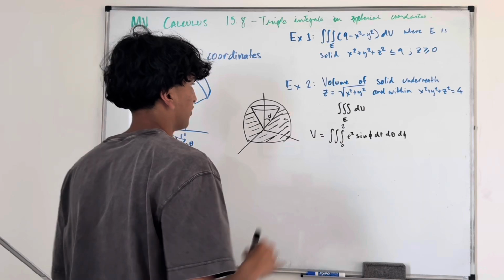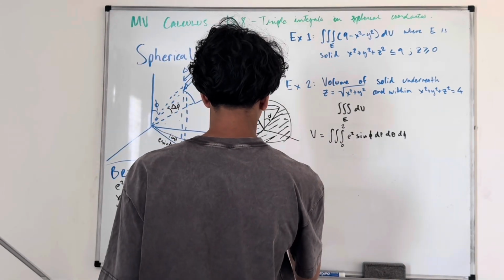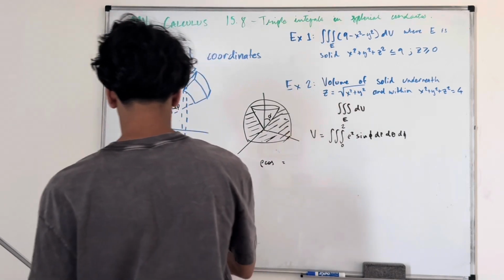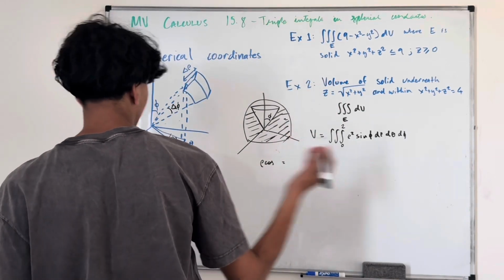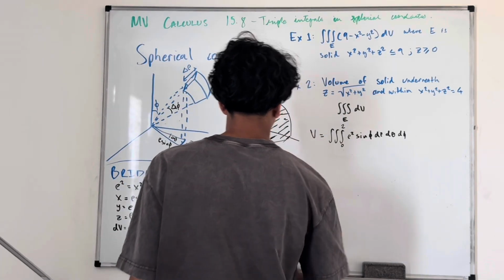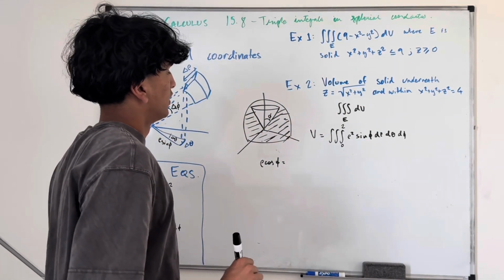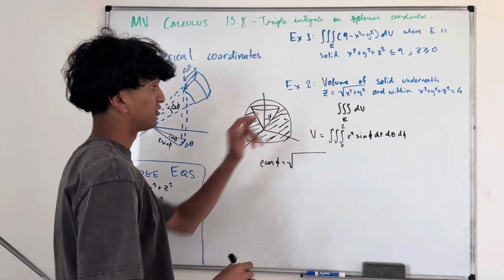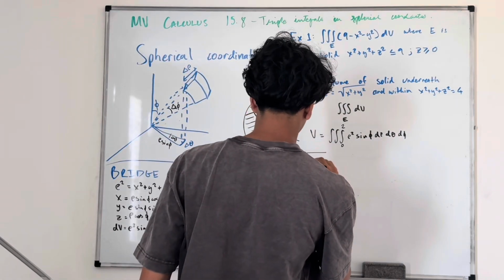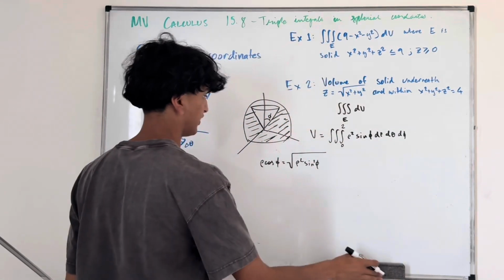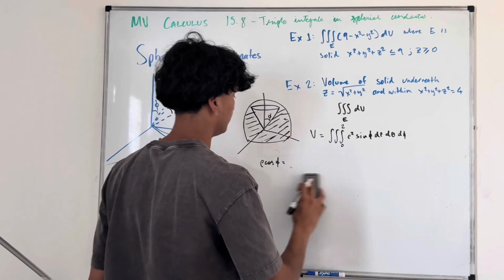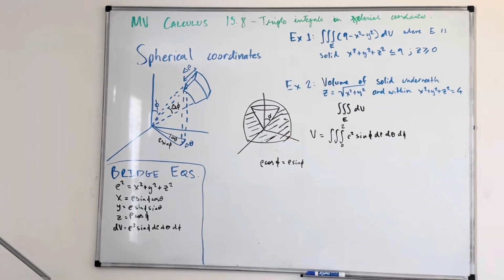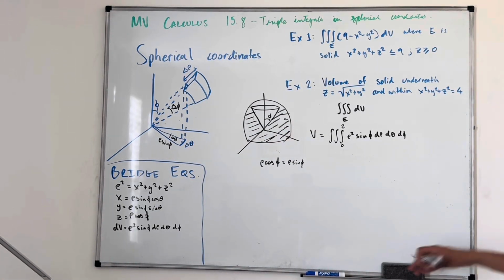What you can actually do is say, okay, z is equal to rho cosine phi. I wrote theta here, that's awesome, the entire video. And then I have the square root of rho squared sine squared phi. If I get rid of the square root, it's rho sine phi, and I'm only worried about positive values, so I'm not going to worry about the plus or minus.